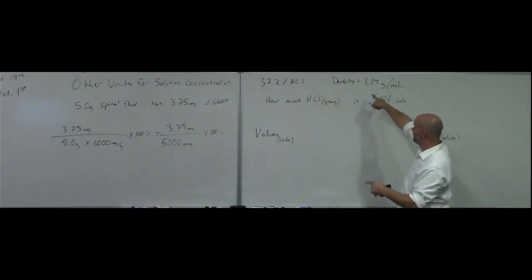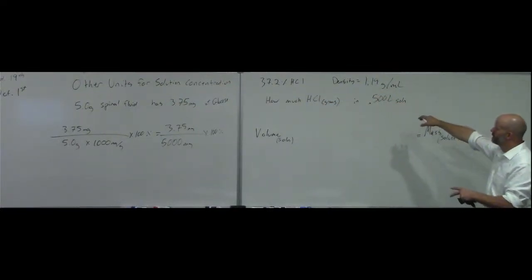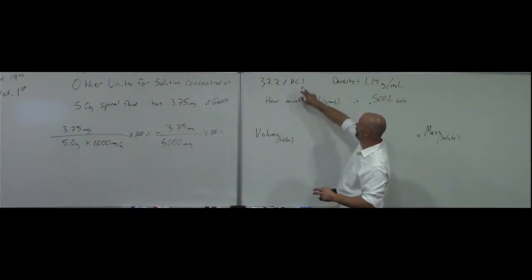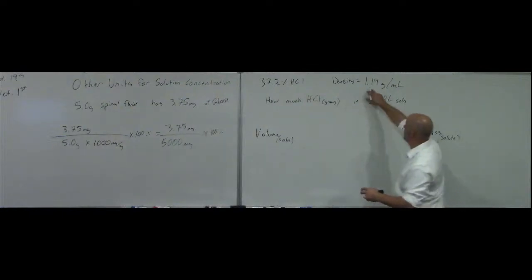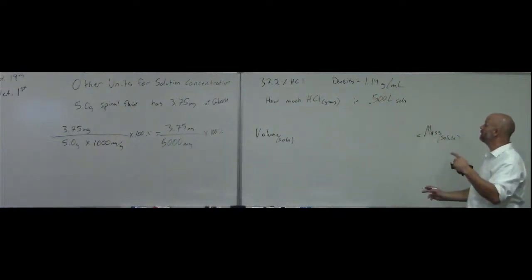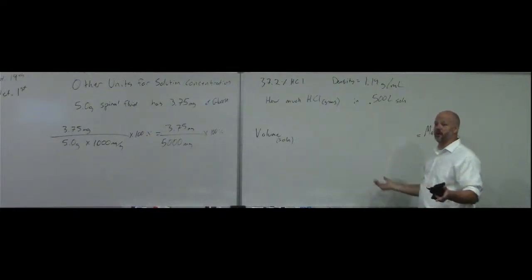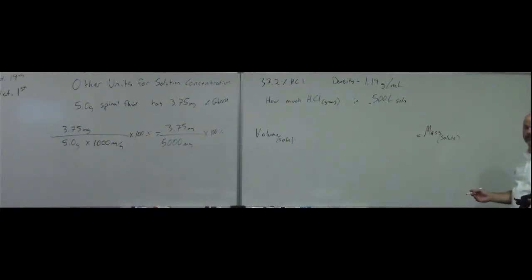I've got percents, so I can figure out how much of this solution, what volume of it, is that. I've got a density that'll let me get from volume to grams as a conversion. So where should I start? Begin with volume. I want to get to mass.